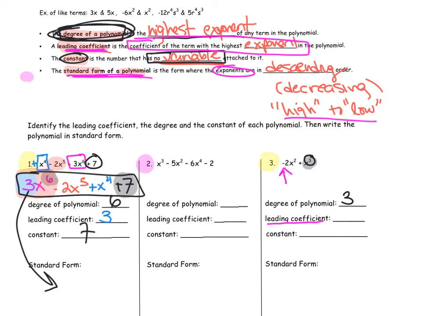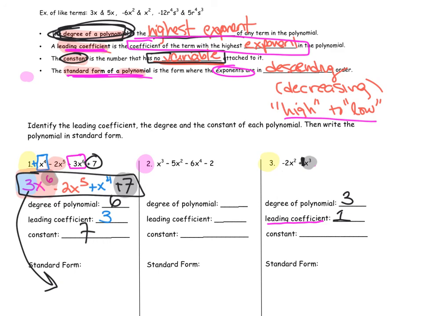This is not your leading coefficient. X squared is not your highest exponent. So I have to look at the term with the highest exponent, and we said that's x cubed. What's the number in front of x cubed? There's an invisible 1. That's my leading coefficient. I'm telling you right now, you'll see on a multiple choice that it's negative 2. Don't be fooled, because this is not written in the correct order.